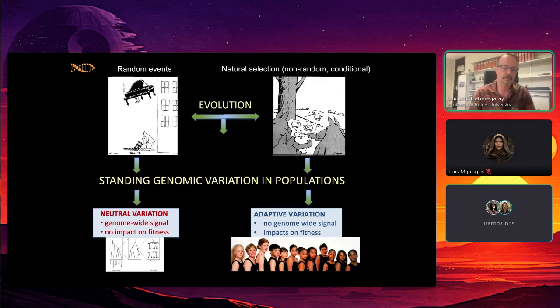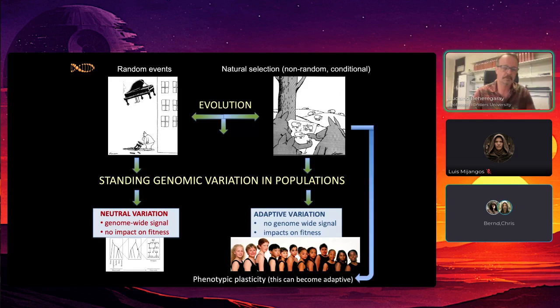Sometimes it's found in only particular regions of the genome, either controlling a phenotype or physically linked to a particular phenotype under natural selection. And to characterize that, we need more data and a different analytical toolbox than the one we would use for characterizing neutral population structure.